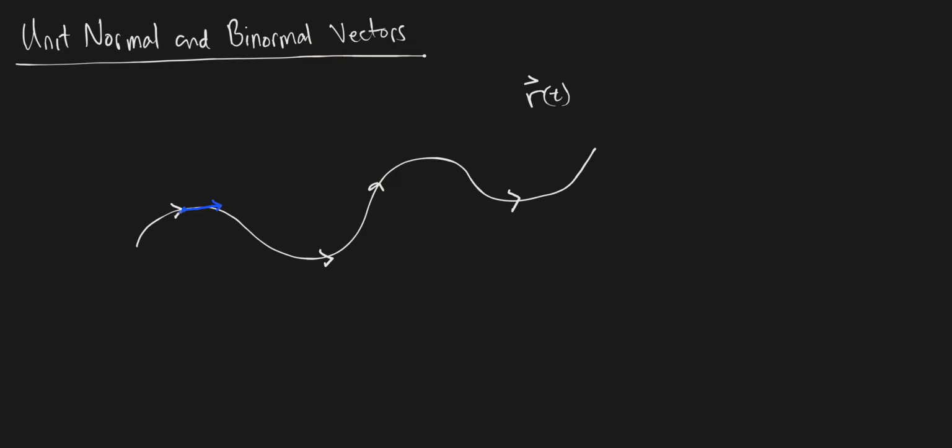Okay, so the next special vector that we're going to define is what we're going to call the unit normal vector. Normal is another word that is synonymous with perpendicular. So you have perpendicular, orthogonal, normal.